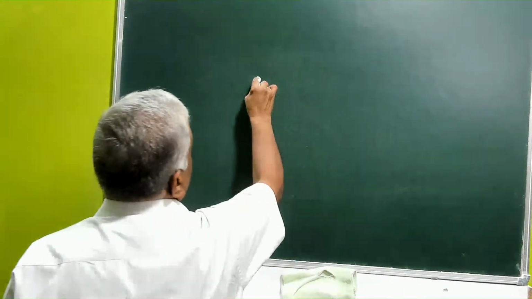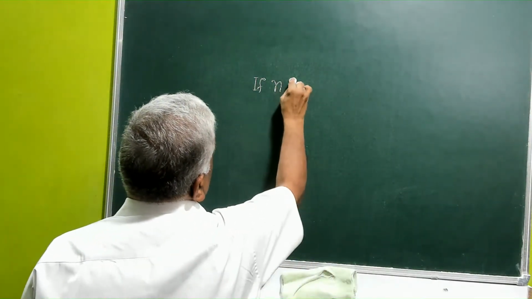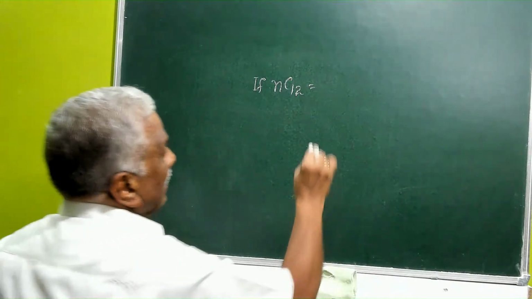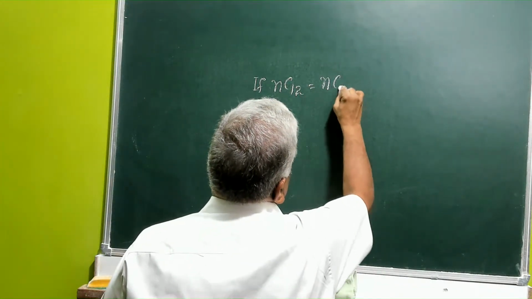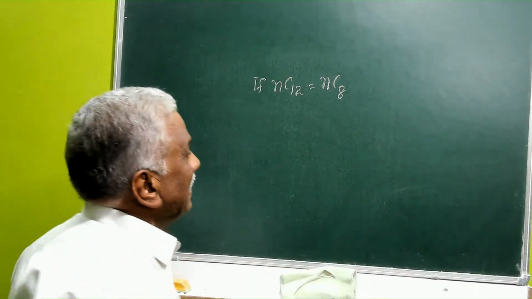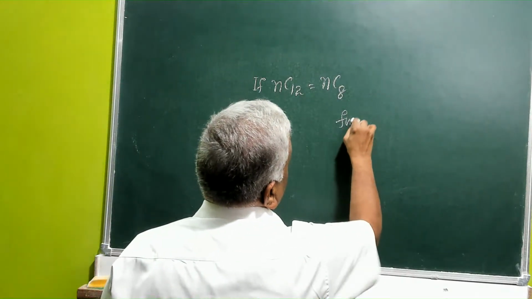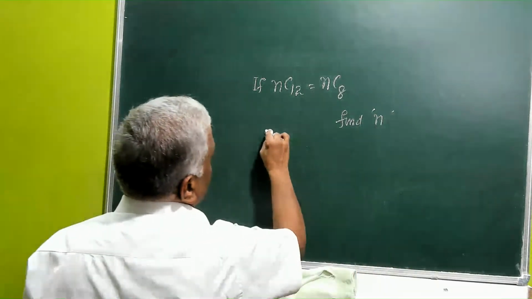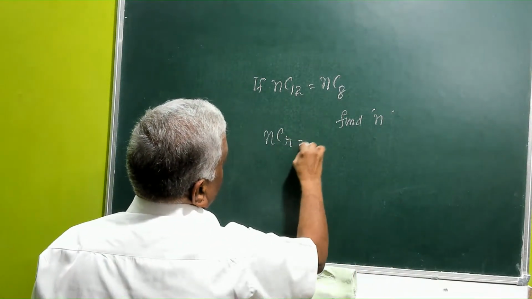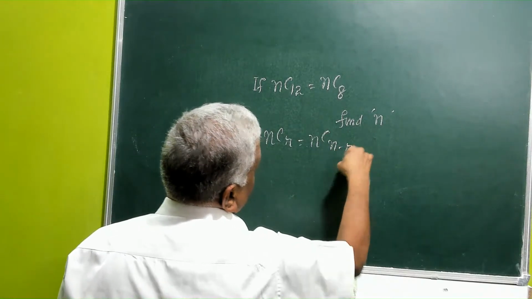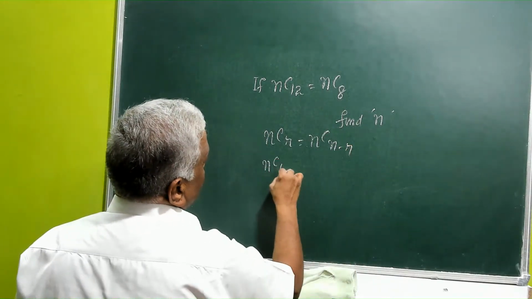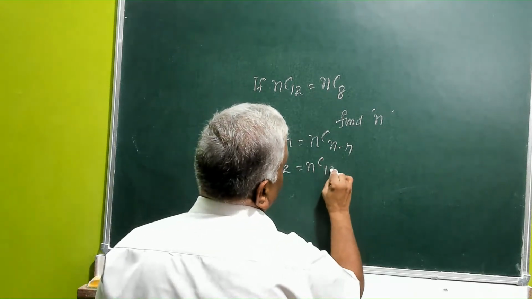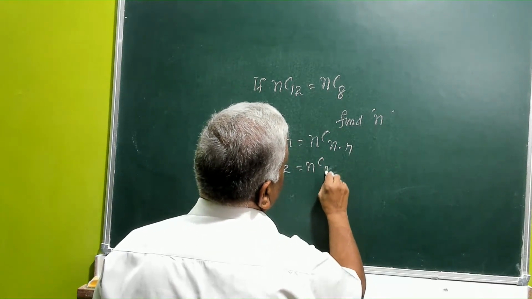If nC12 is equal to nC8, find n. So you have to recall the formula. We have nCr is equal to nC(n minus r). Therefore, nC12 will be equal to nC(n minus 12).